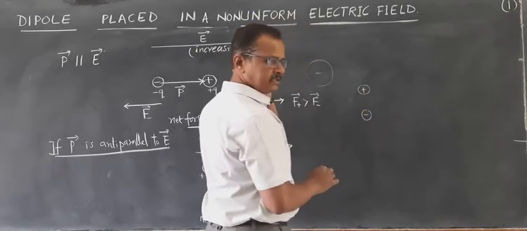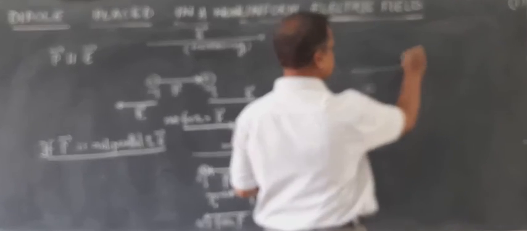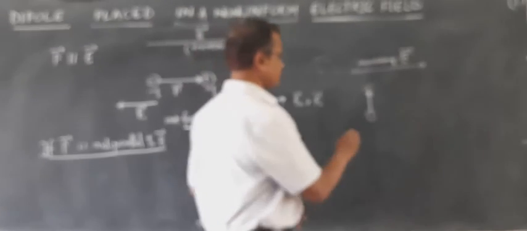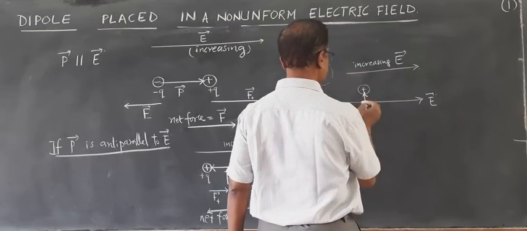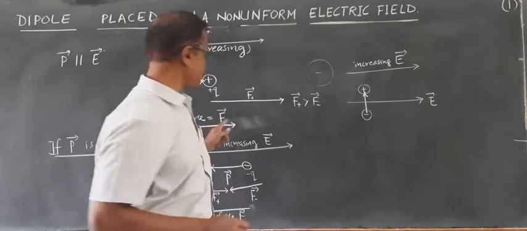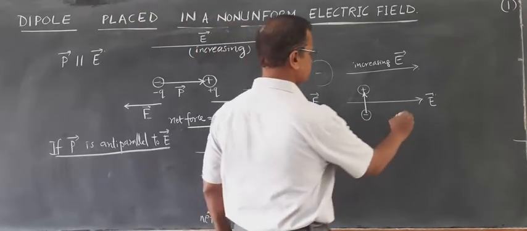If it is placed in an increasing electric field, as mentioned earlier, and this is the direction of the dipole moment and this is the direction of the electric field, then as noticed earlier, the net force must be in the direction of increasing electric field. This is the direction of net force.